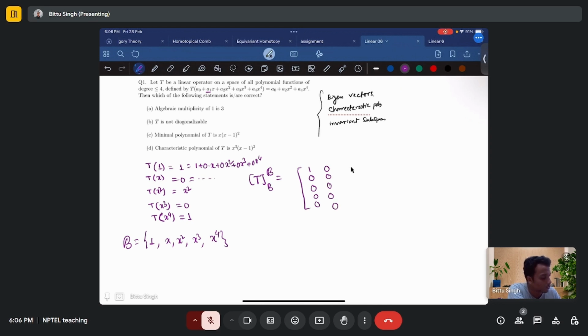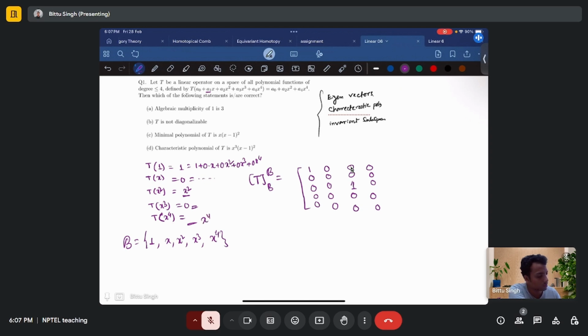Similarly, the third column: only the coefficient of x squared is 1, the coefficient of 1 is 0, and the rest are 0. For the fourth column, everything is 0. And the fifth column, sorry, I have made a mistake.